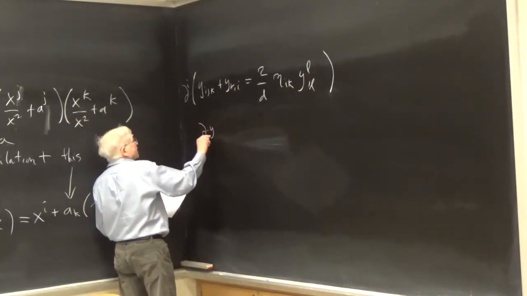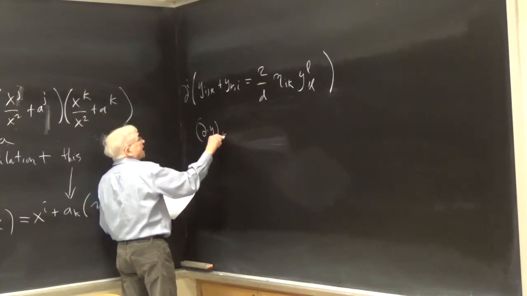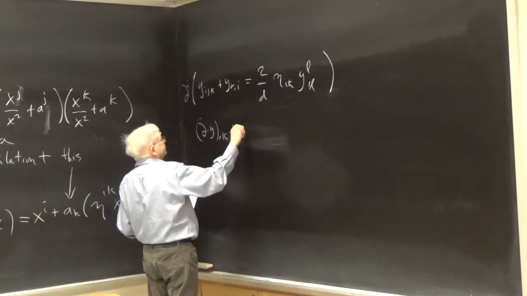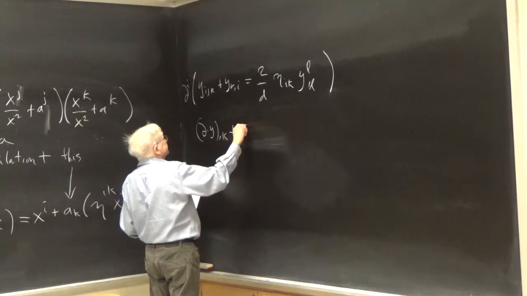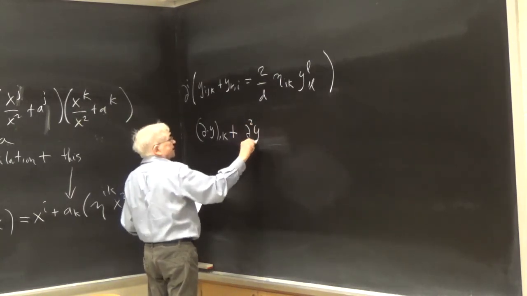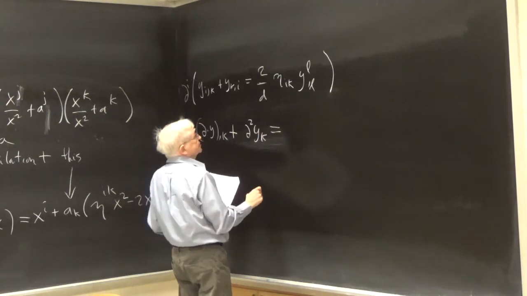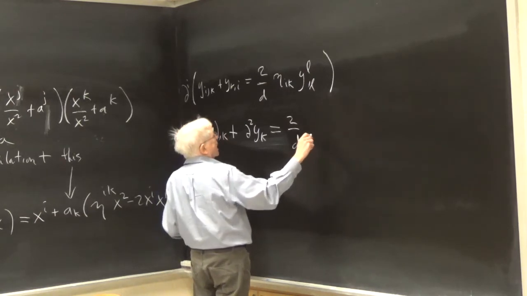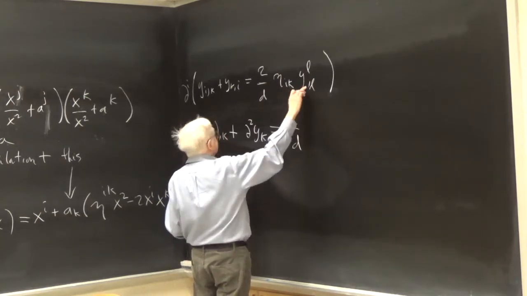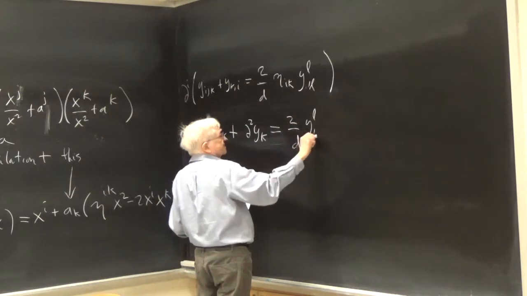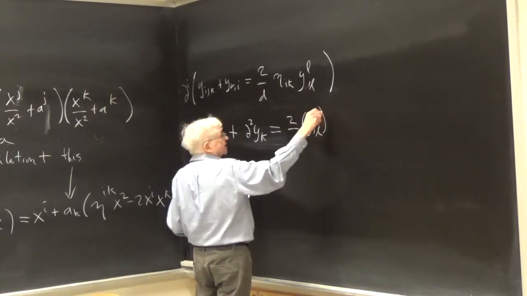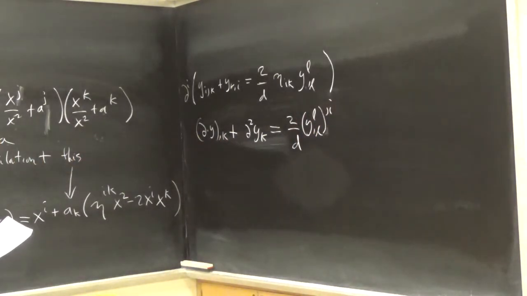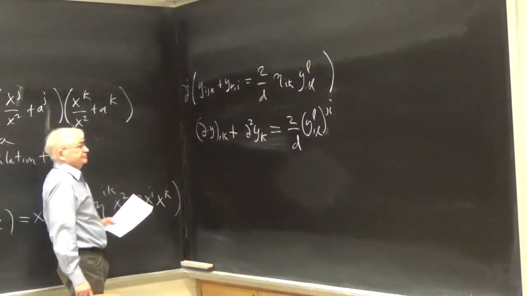We get d dot y comma k plus d squared yk is equal to 2 over d. In fact, this common notation is a hell of a lot easier to use than this other notation. So that's what we get.